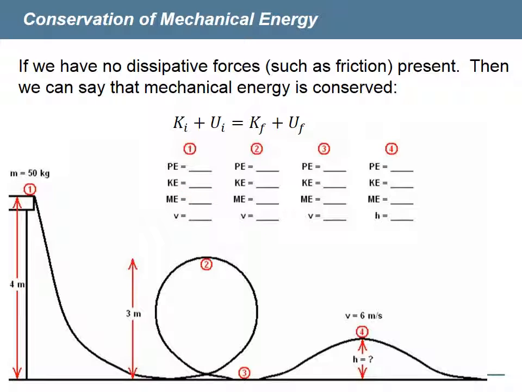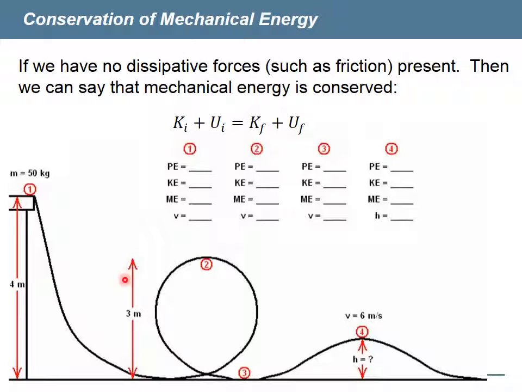Now, given that I have a height here, I can find out how fast I'm moving at point 2, just from knowing a height difference. Because if my mechanical energy is conserved, this is 1,960, so is this here, so is this here. They're all 1,960. And this plus this will always equal this.